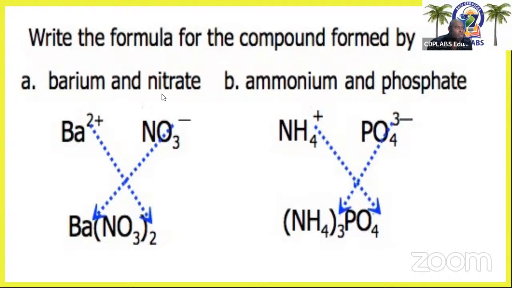Now we have barium nitrate. Again, the nitrate here, sir, the negative charge. The barium 2 here. There's a bracket right here. Good. The same goes right here. So it's a positive 1.